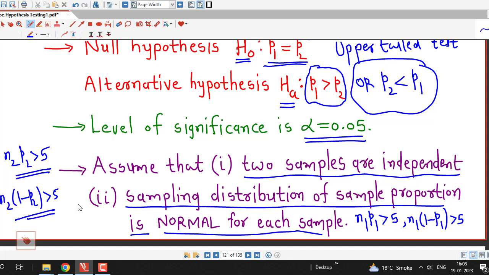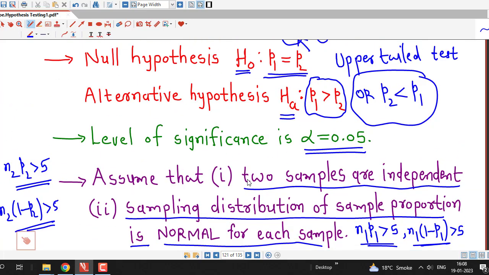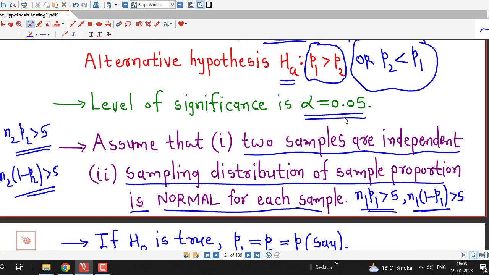If all these quantities are greater than 5, then we can say that the sampling distribution of sample proportion is normal for each sample, and we assume that the null hypothesis is true.